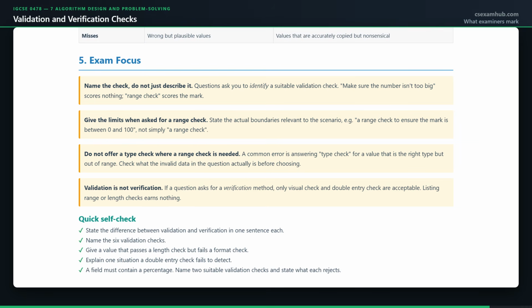Range check, length check, type check, presence check, format check, check digit. Third, remember a validation check must reject the data and allow re-entry, and that this needs a loop rather than a single IF. And fourth, when asked about verification, say why double entry can still fail. The same mistake made twice produces 2 matching entries, because that reasoning is where the higher marks are.